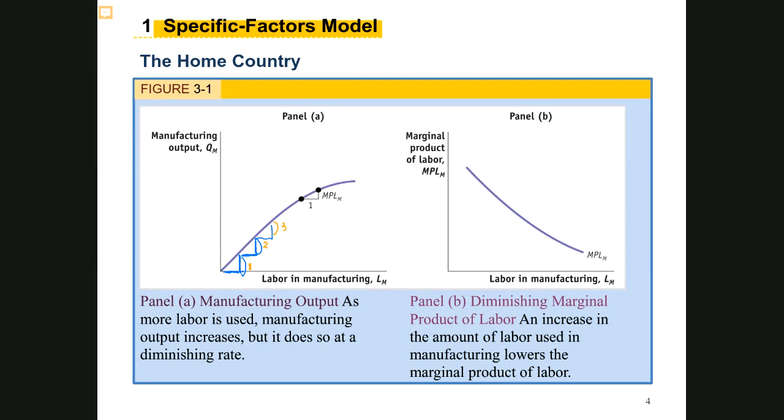If you take a deeper look at this diagram, if your total production curve looks like this, that means your production is still increasing, but increasing at a decreasing rate.